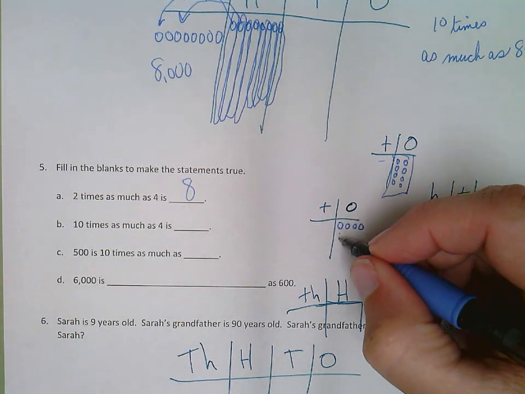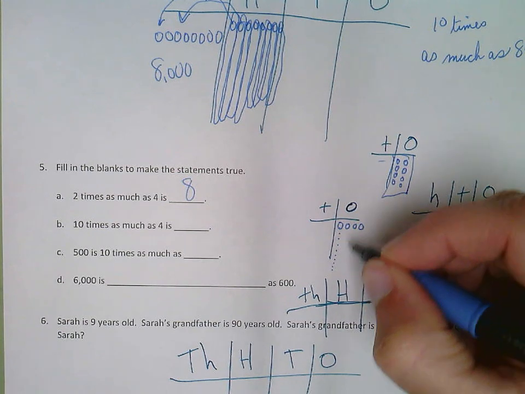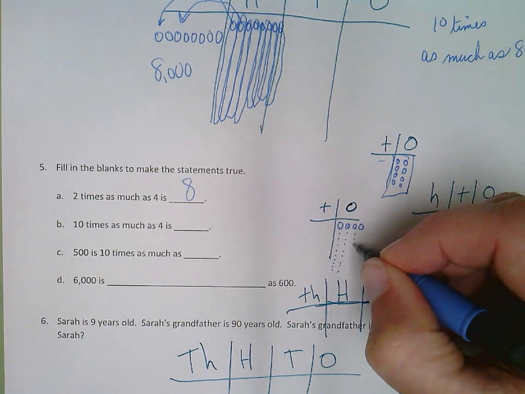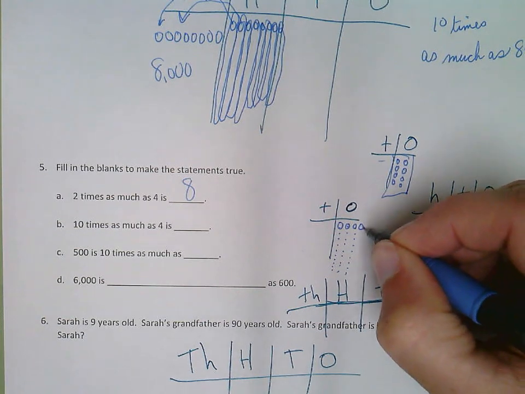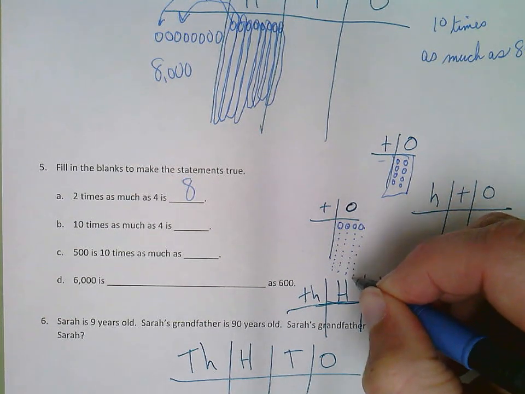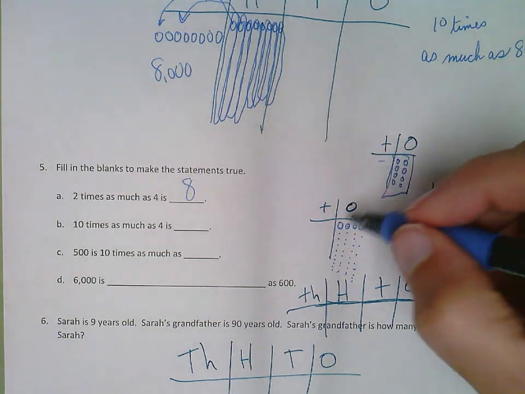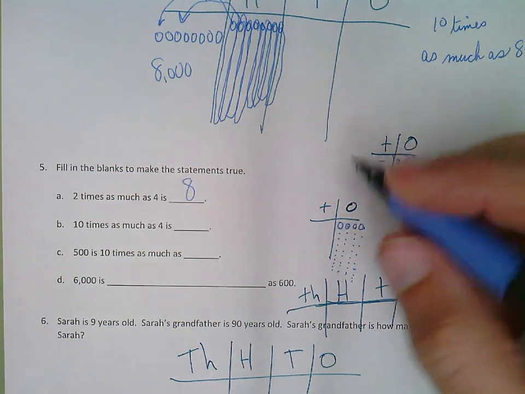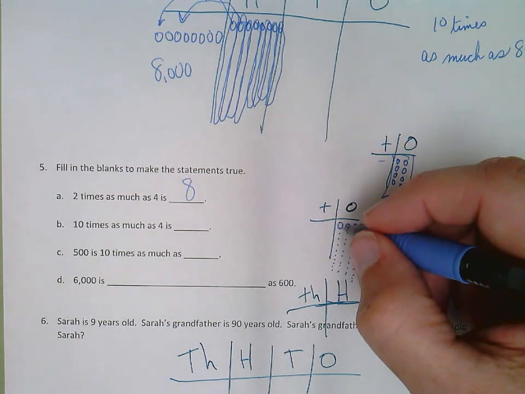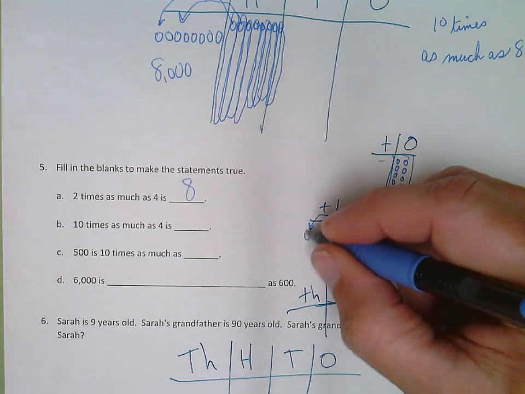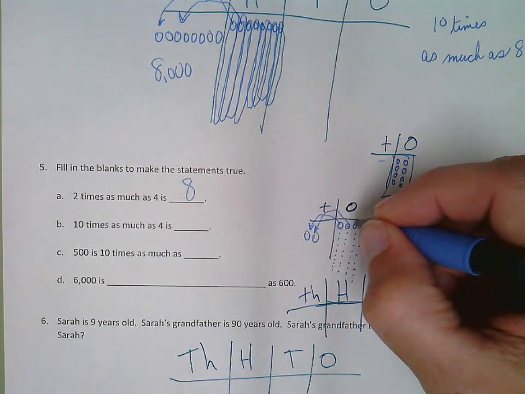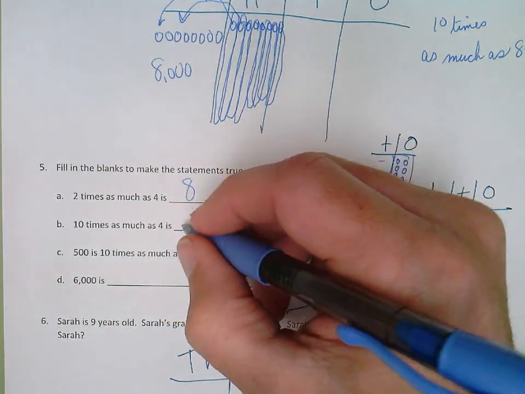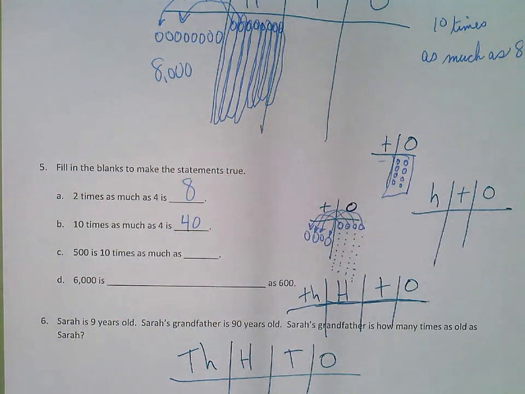So I have 4 groups of 10 here in my ones, which is 40 ones overall. Each one of those groups of 10 gets put over into my tens place, and I end up with 40 tens, which is worth 400.